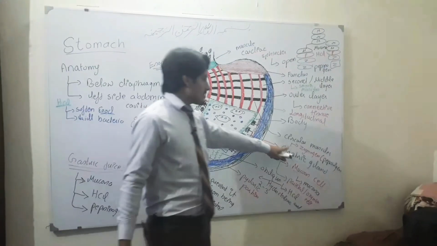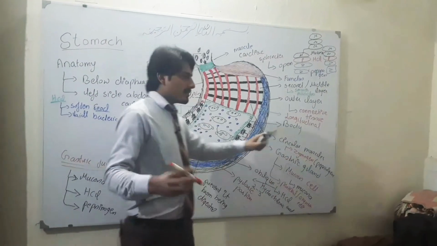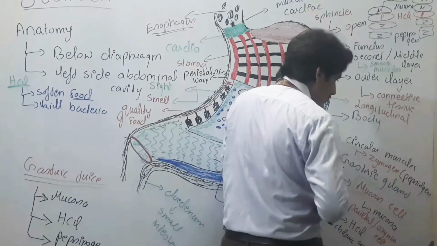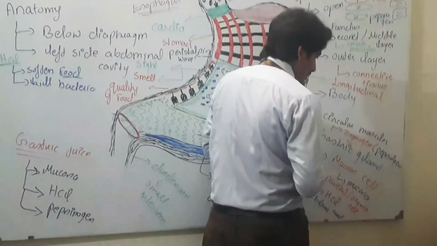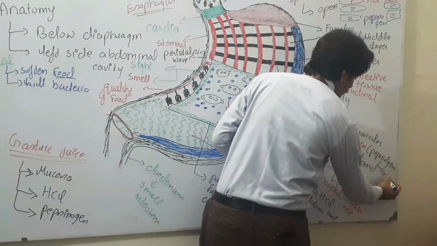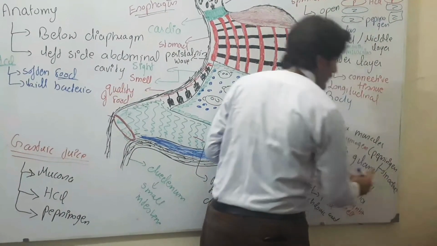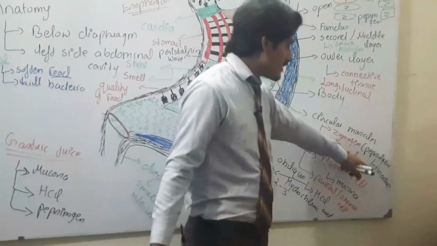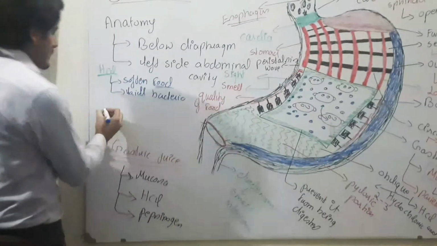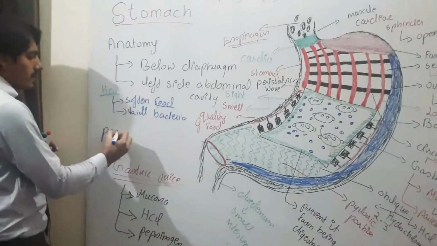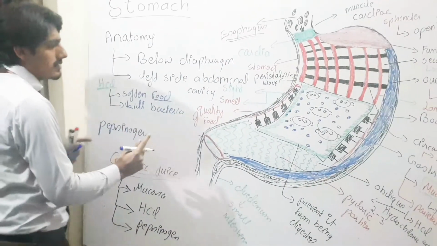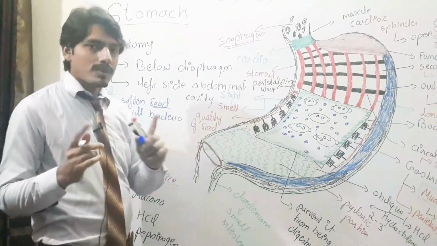Okay, let's see. The next step is the enzyme which is secreted by the zymogen cell. Zymogen cells secrete an enzyme called pepsinogen. Pepsinogen is secreted in its inactive form because pepsinogen has the ability to digest the protein particles of the stomach wall.